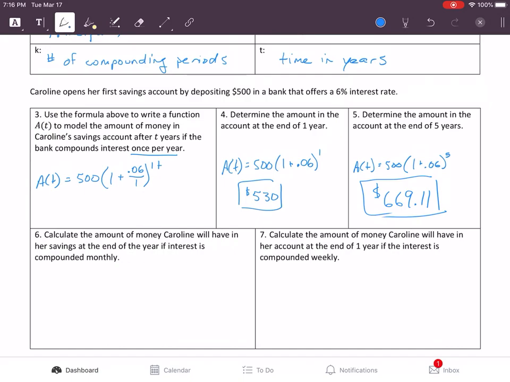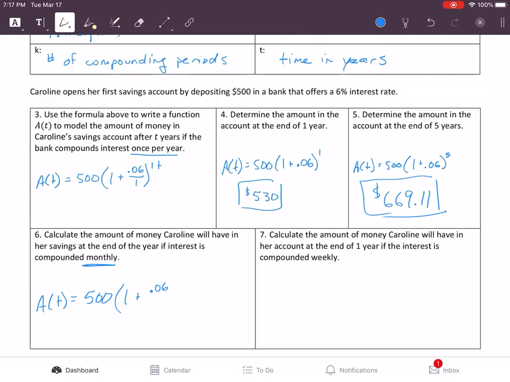All right, now number 6 is where those compounding periods come in. So it says calculate the amount of money Carolyn will have in her savings at the end of the year if interest is compounded monthly. So we're going to write the same thing as before, but this time our K value is going to change from 1 to something else. So we have 1 plus 0.06.